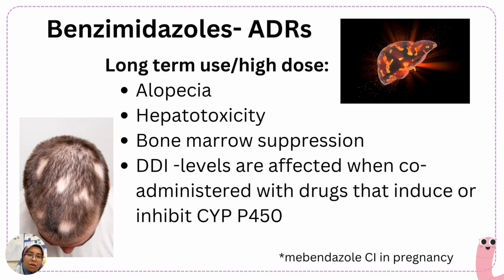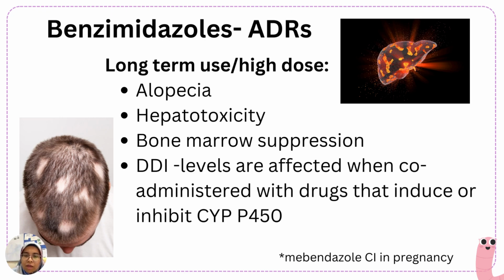Alright. So mebendazole is contraindicated in pregnancy. You cannot use it in pregnancy. Why? Although it is selective to beta-tubulin in the worm or parasite, it can also affect some microtubule functions in humans, especially the growing baby.